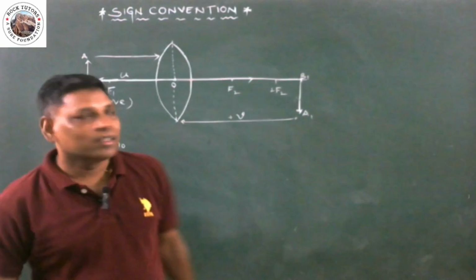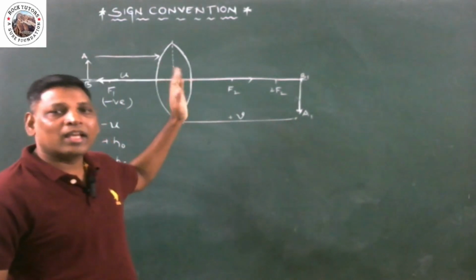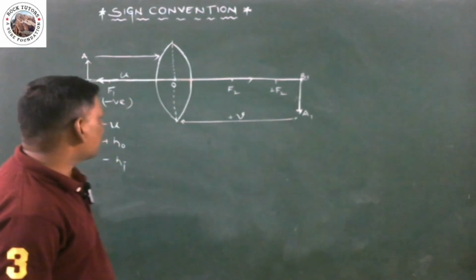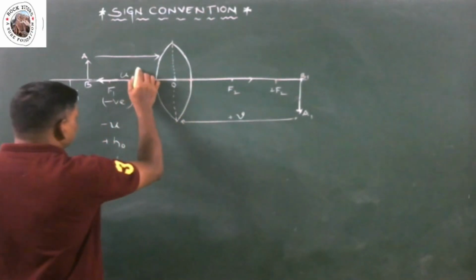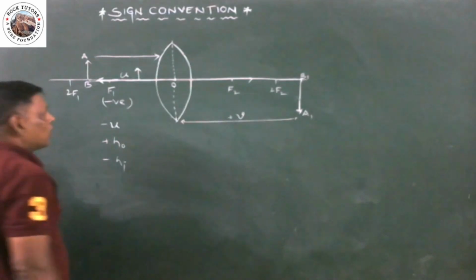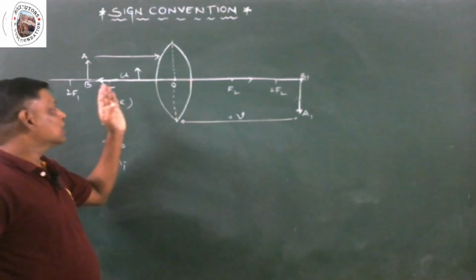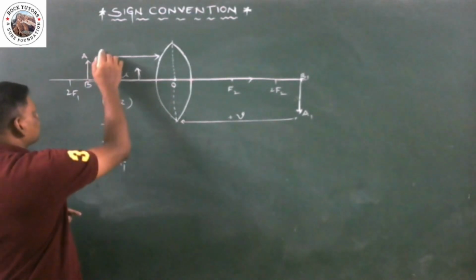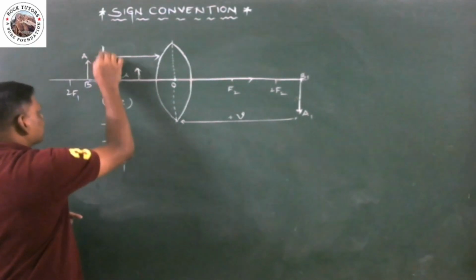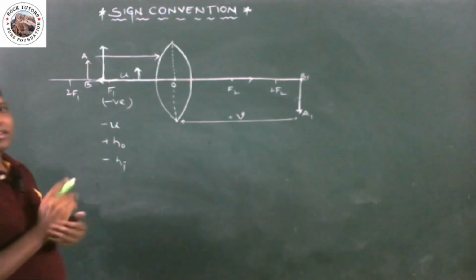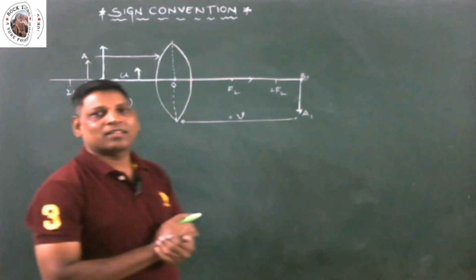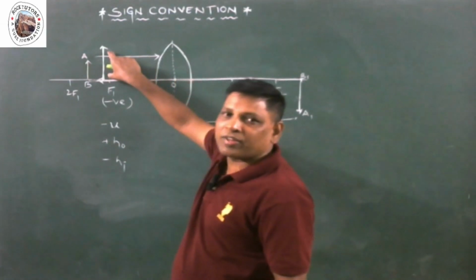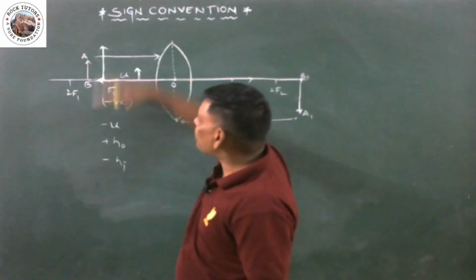Now suppose a virtual image is formed, then what happens? Suppose I keep the object between the optical center and F1. You know that we will get the image here. This is a virtual image. This image is above the principal axis.